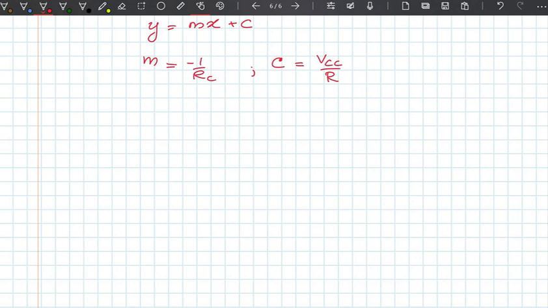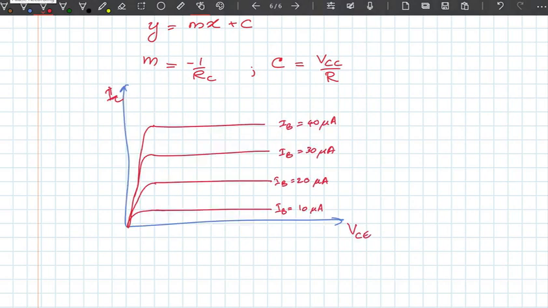Okay, so let me draw that again. So this is basically the transistor characteristics, IC versus VCE, and you saw there were some parallel lines corresponding to different values of IB, right?